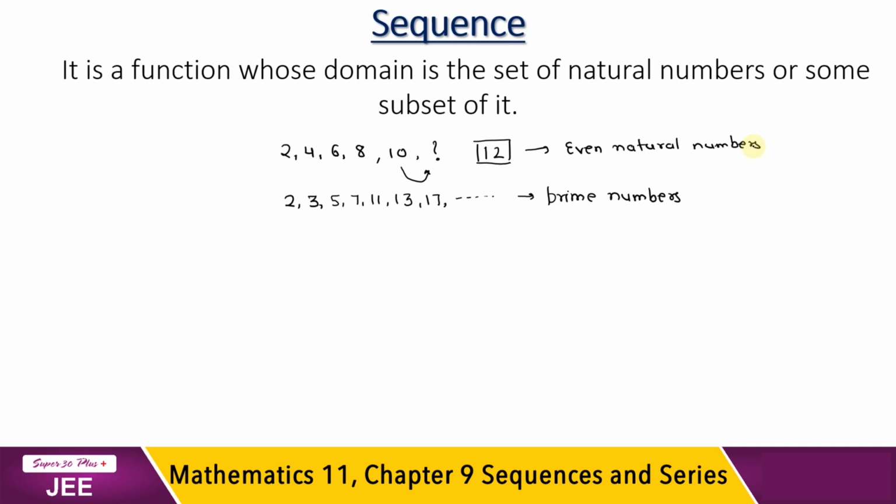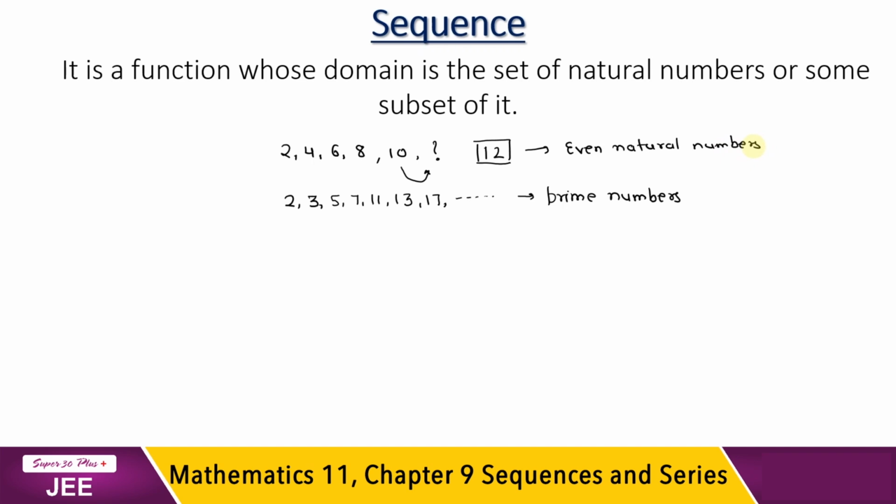So one must pay attention that any sequence will follow a logical rule, but it is not compulsory that there is going to be a general formula of that logical rule so that we can arrive at the nth term or general term of that sequence.